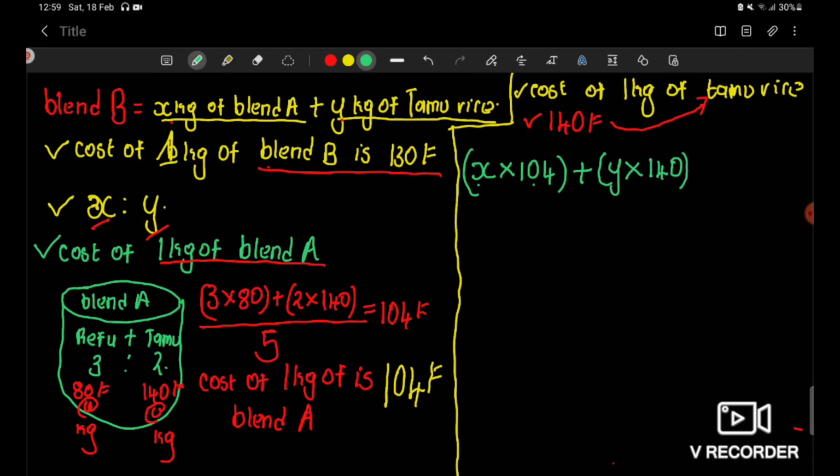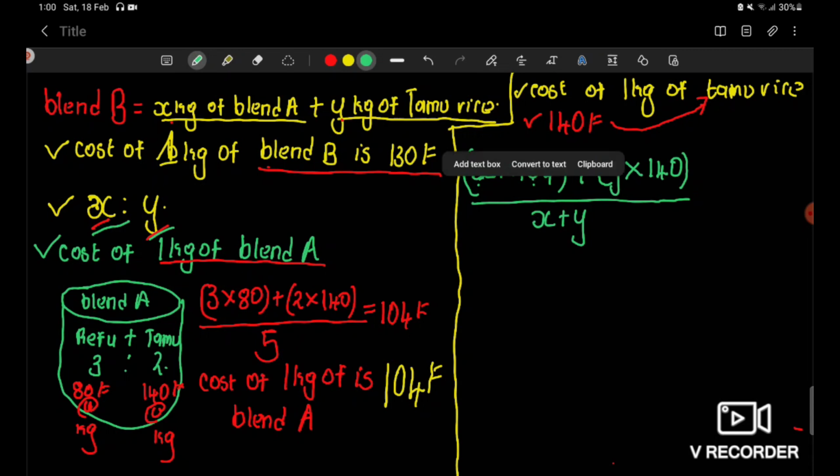This one we had in the question, over what is the total ratio they were mixed in, X and Y. The total ratio is X plus Y. So X kg of blend A, which cost 104 shillings per kg, was mixed with Y kg of tamu, which cost 140 shillings per kg, to form blend B, which cost 130 shillings per kg.